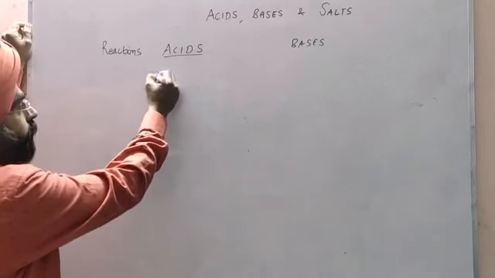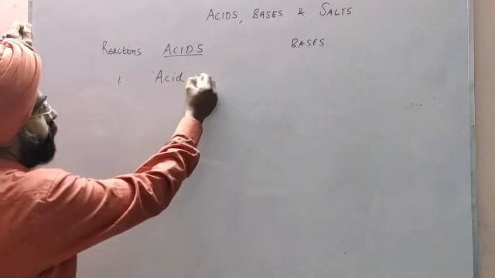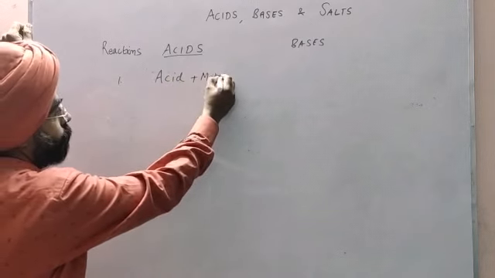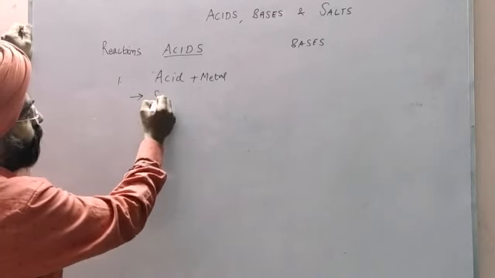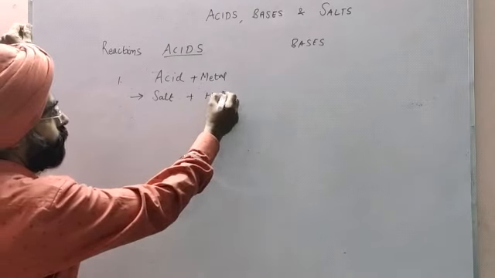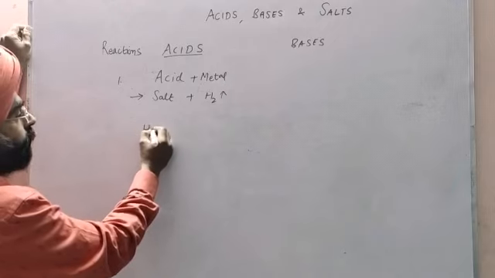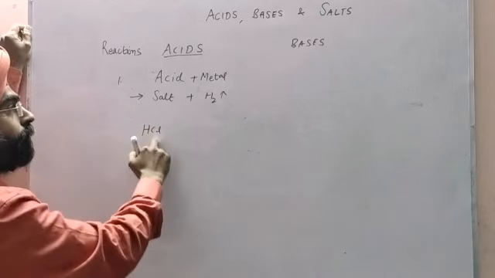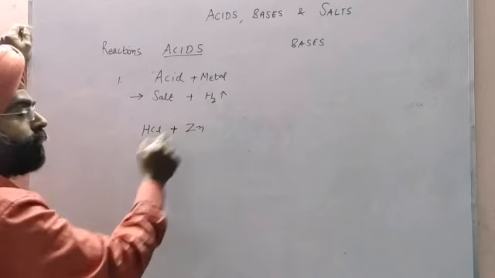The first reaction is acid reacting with any metal. What will happen? Acid reacts with metal, it will form salt plus hydrogen gas is released. Take any example of hydrochloric acid, an acid, and a highly reactive metal like zinc.